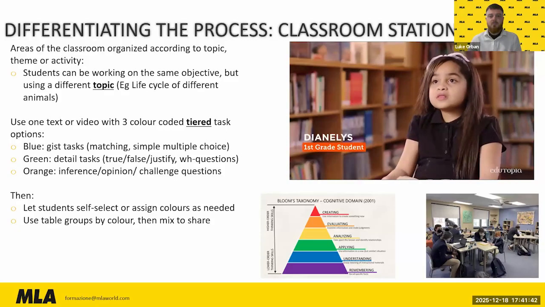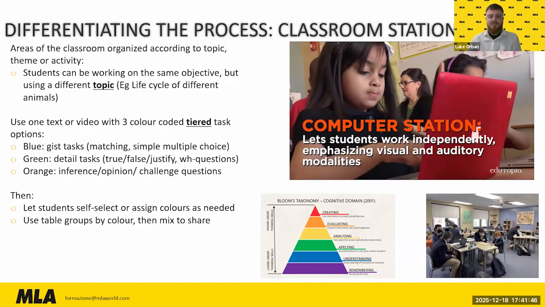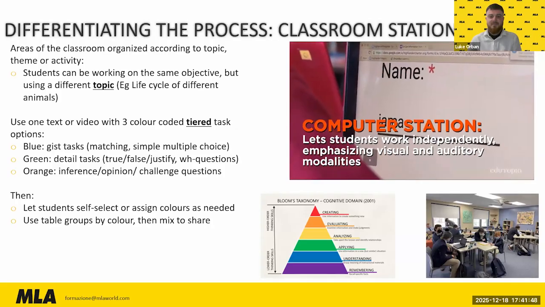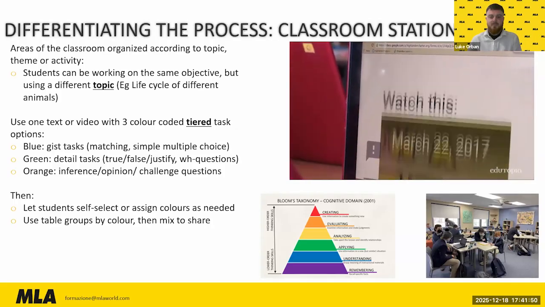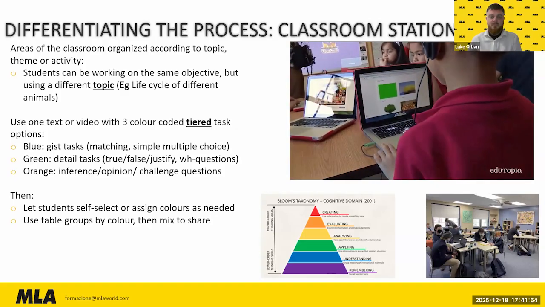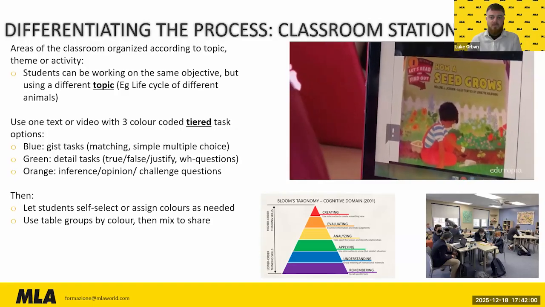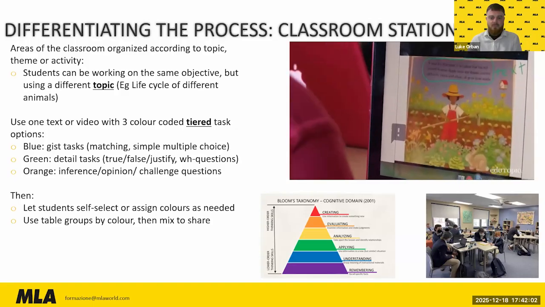So our first station for the blue group is the computer station. The students use a Google form to check in. They'll normally watch a video or carefully observe a photograph and answer some questions about that. We watched a video about how to grow a seed. We had to type in our favorite part and why.